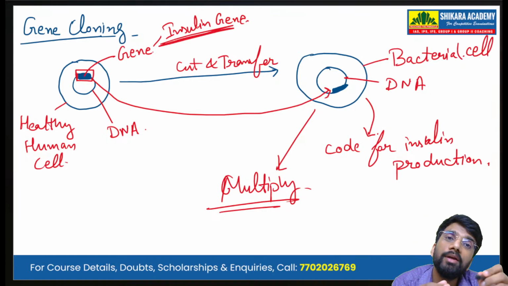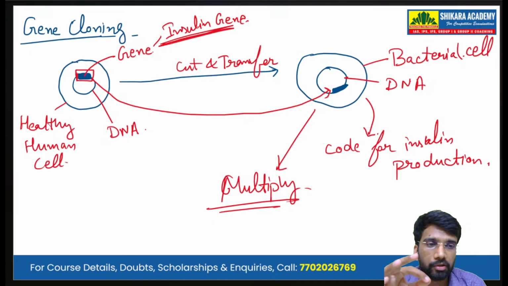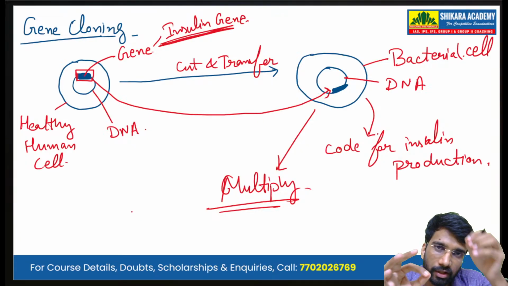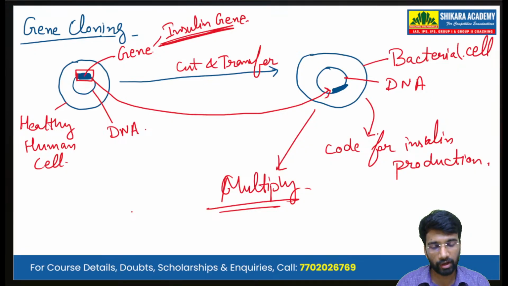Okay. And ultimately we will be getting more and more insulin. So we are making copies of that gene because we need large quantities of insulin or the desired product. Okay.